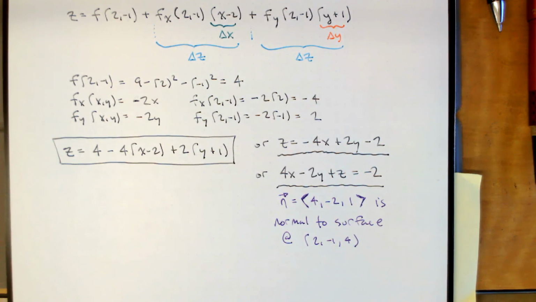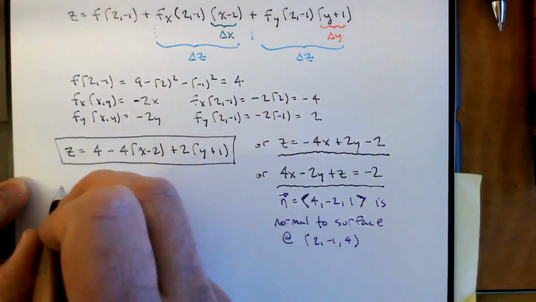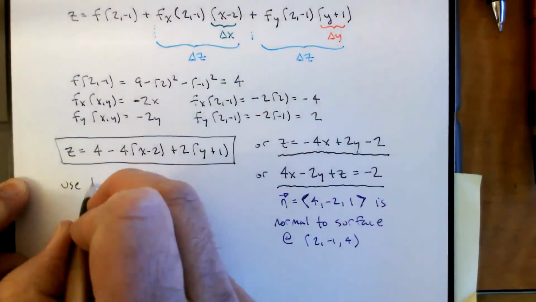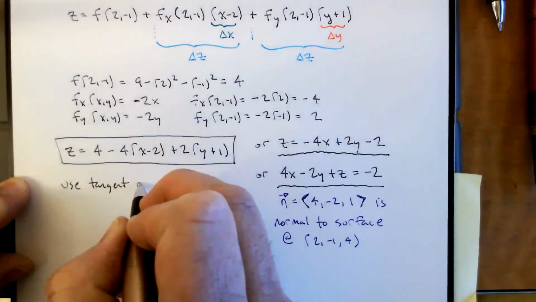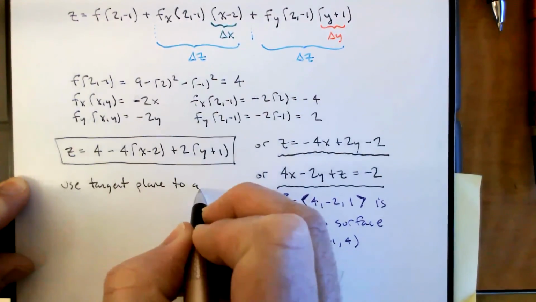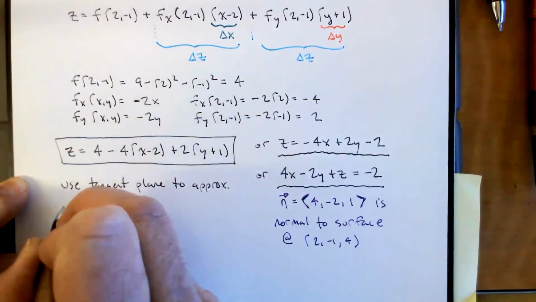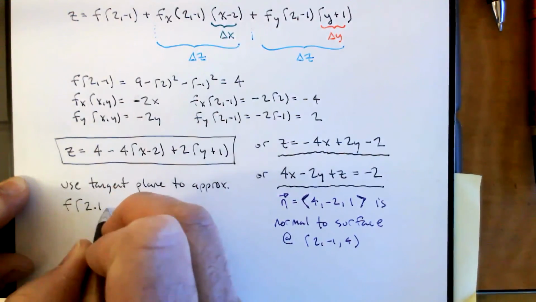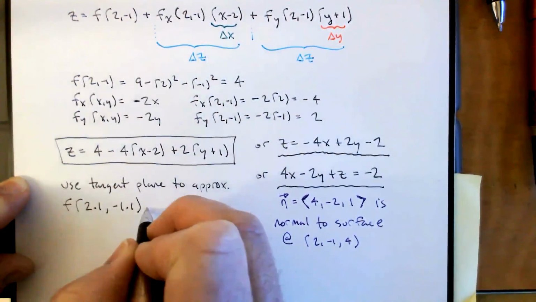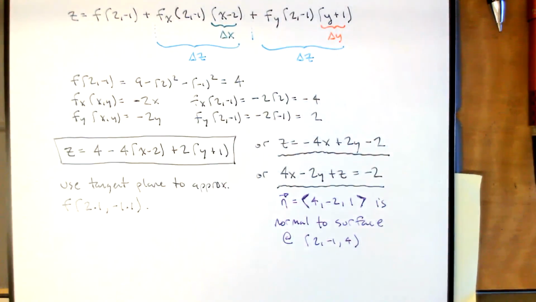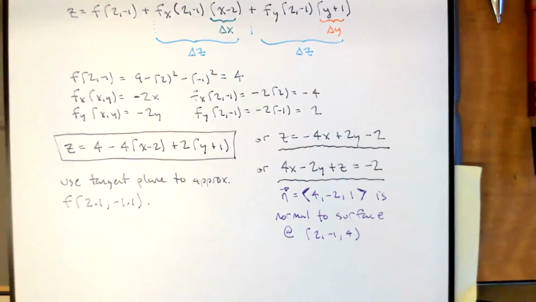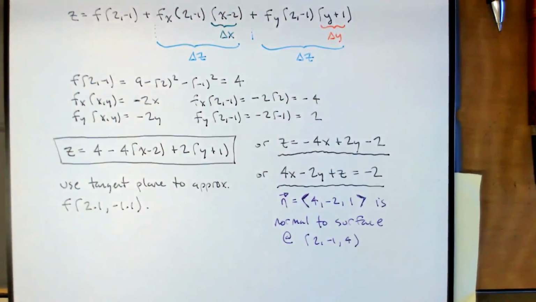Just like before, we could use the equation of the tangent plane to approximate the function at a point near (2, -1). So we could use the tangent plane to approximate the value of the function near the point (2, -1).